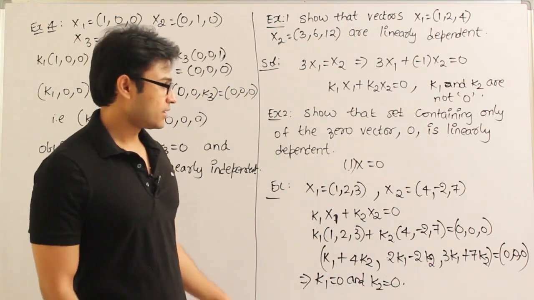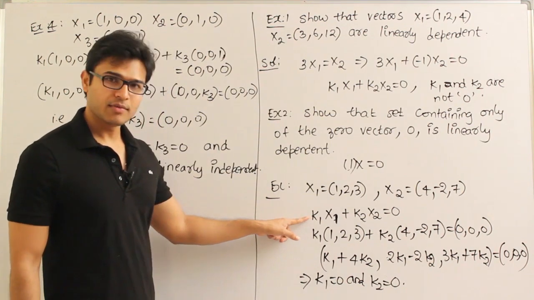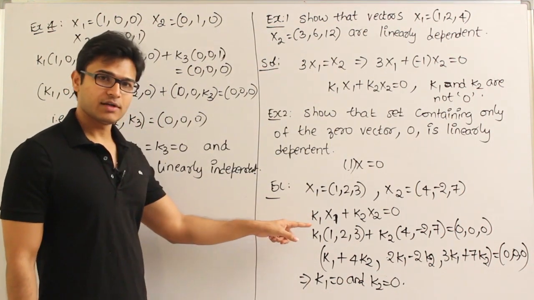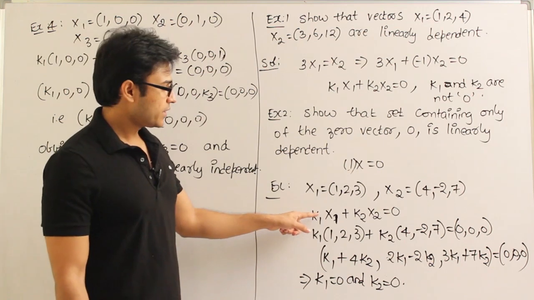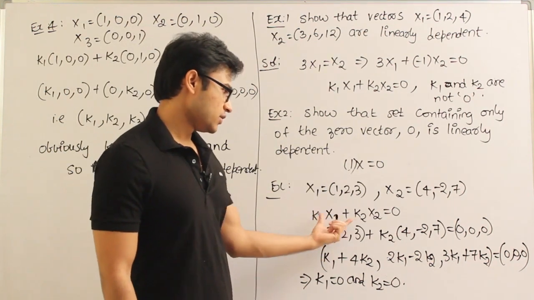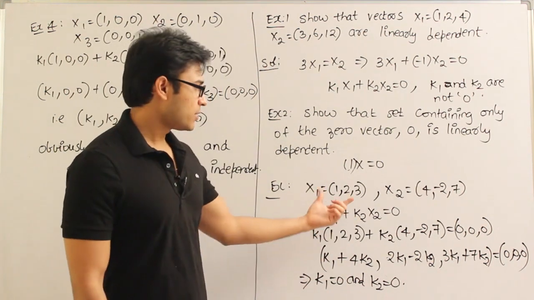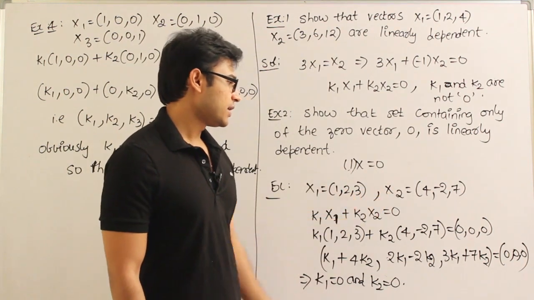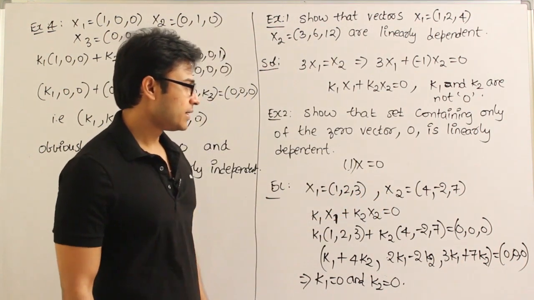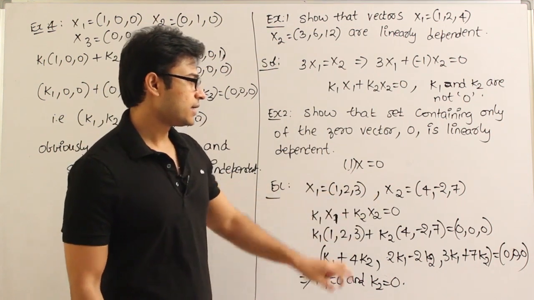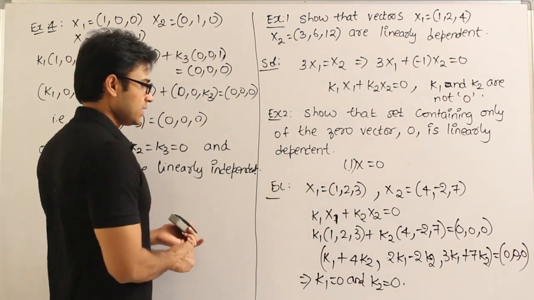We already know that if this form is true only when k1 and k2 are zeros, then such a pair of vectors is linearly independent, right? So this example is linearly independent.